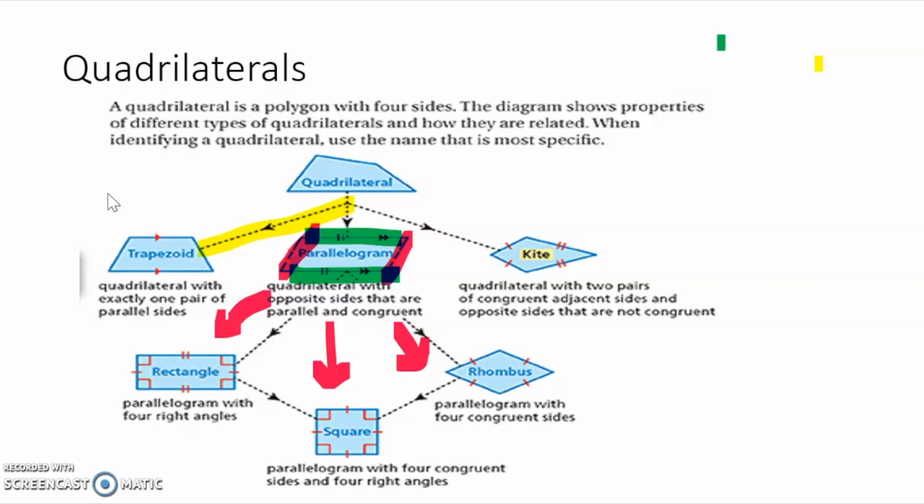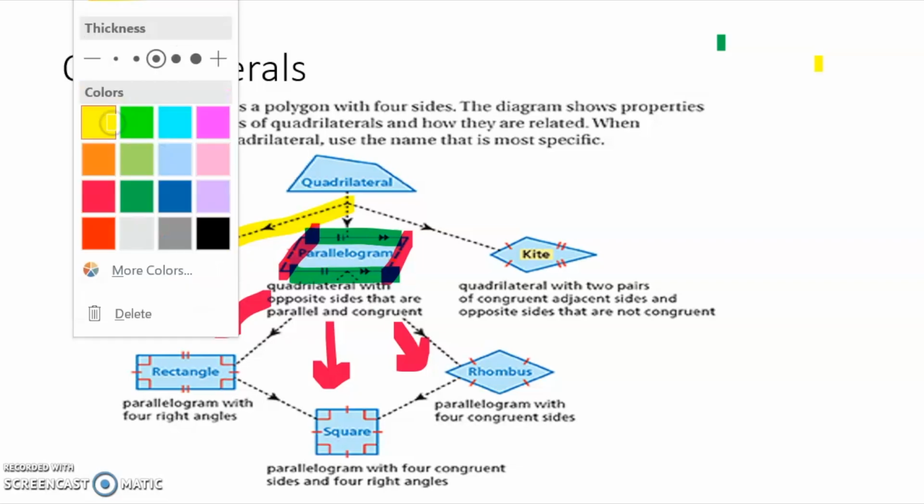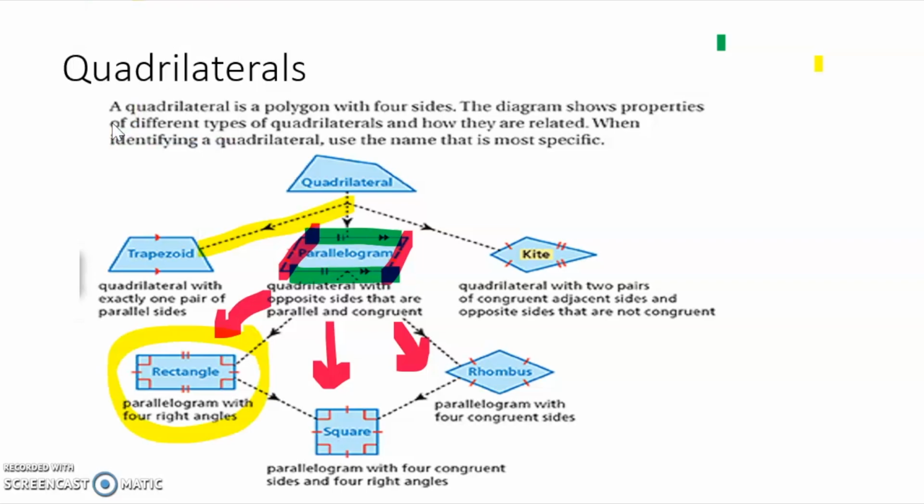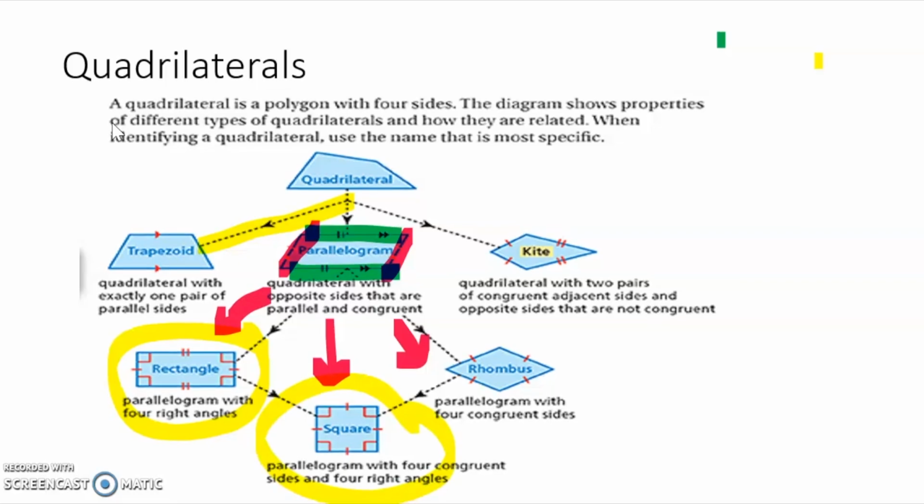So a parallelogram whose corners are right angles is a rectangle. A parallelogram whose corners are right angles and all four sides are equal, or all four side lengths are the same, is a square.